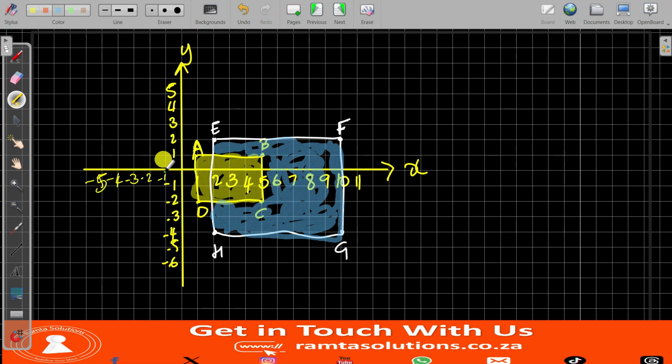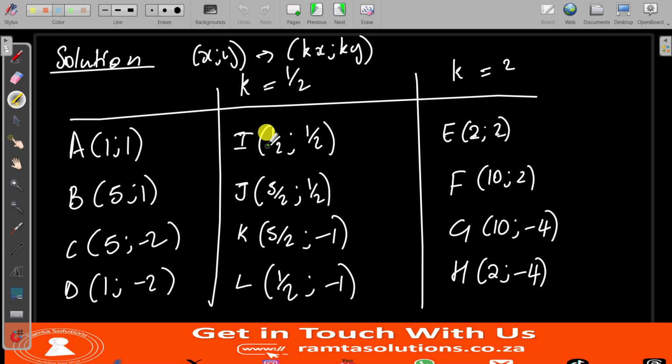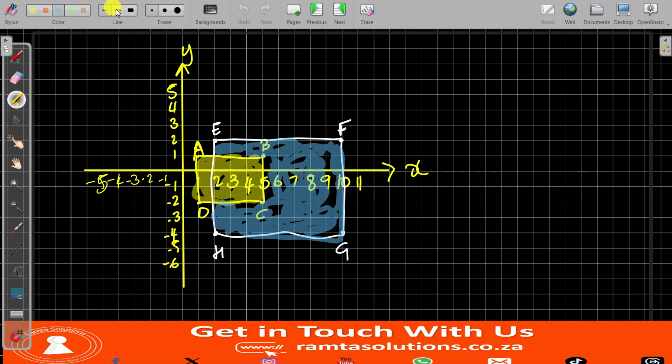Now, the other one was shrinking when k was half. I was half and half. Let me go check. I might need to use a smaller font size. Here's I. Oops, I should use a red. Here it is, half and half.